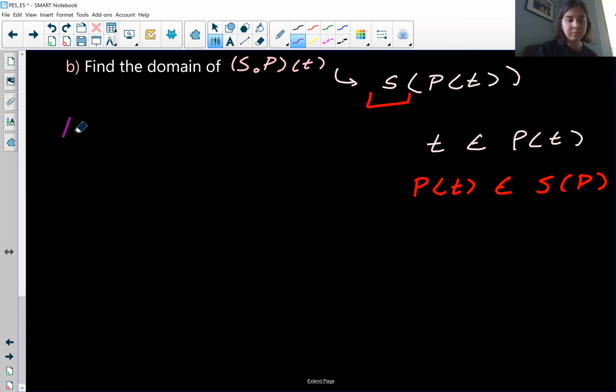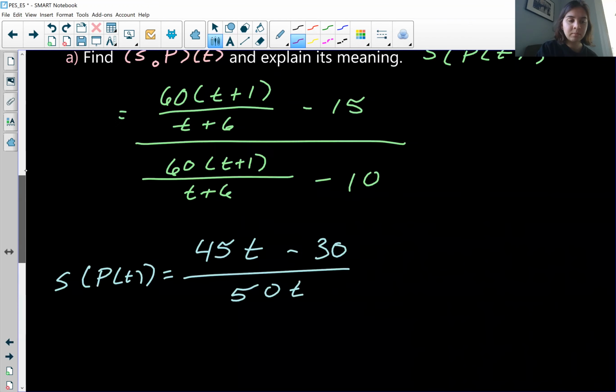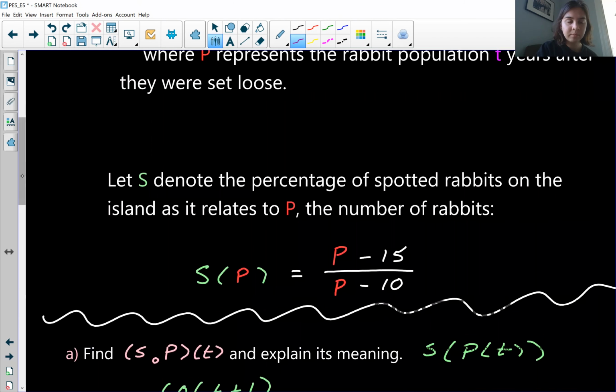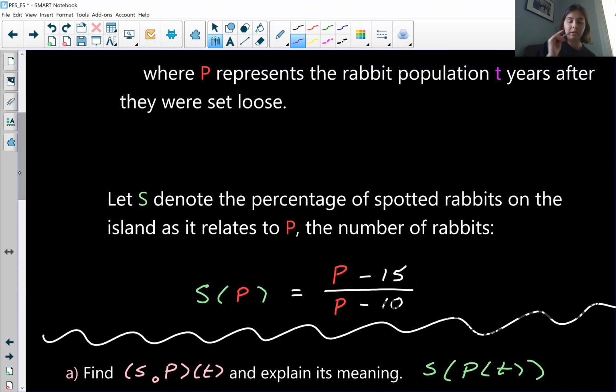So first of all, t needs to be greater than or equal to 0. So that's one domain restriction. And then we also need to look at the domain of S of P, so the valid inputs for that function. And if there are any invalid ones, we need to make sure that P of t does not equal those values.